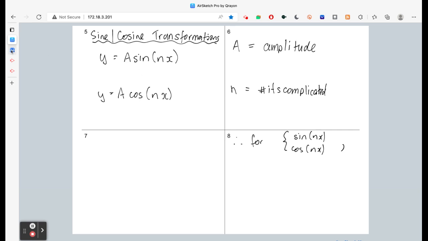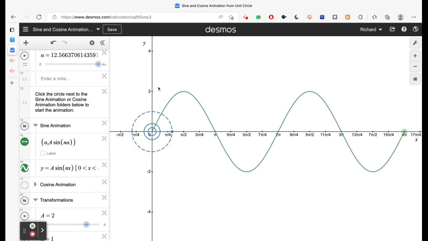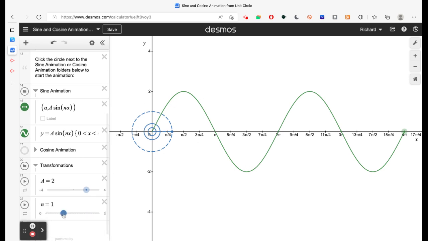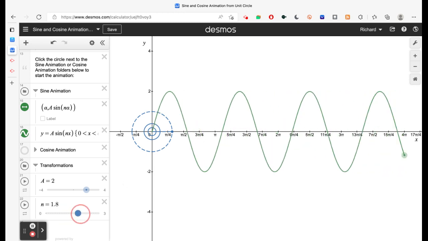What about n? I'll leave it at a equals 2 because it looks a bit bigger. When we change n, we are changing the input, and a change of the input will be a dilation that goes this way, so parallel to the x-axis. When I increase n, let's have a look at what happens. I'll make n equal to 2.